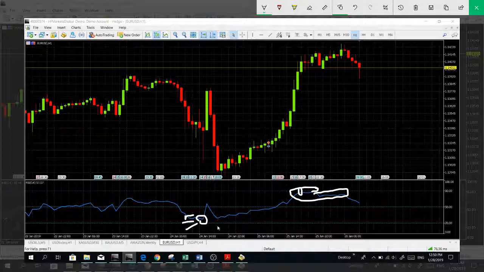But the second time it came against almost the same place, and now it can be the signal to buy. So the first time, it's better not to trust the RSI signal. Wait until the RSI confirms itself for the second time, then you can enter the market.